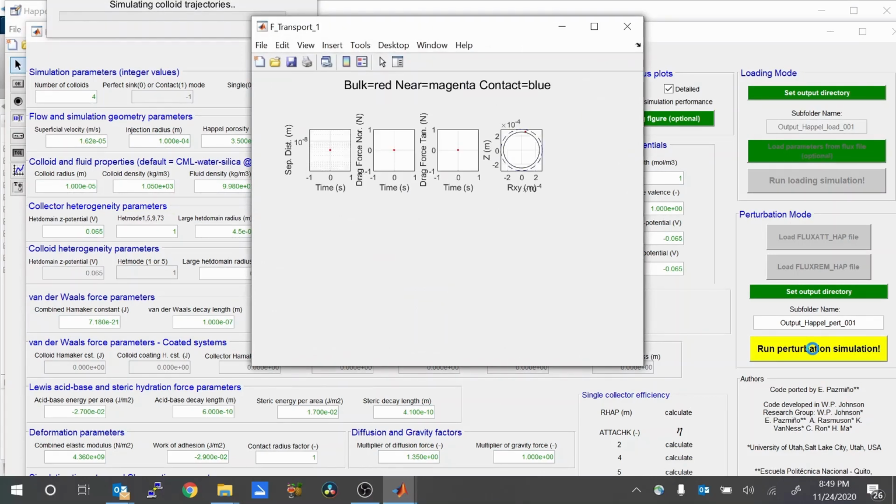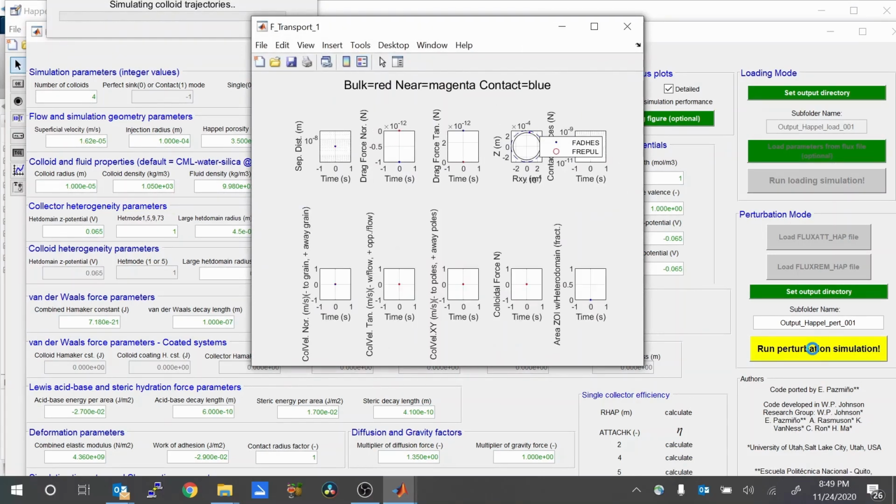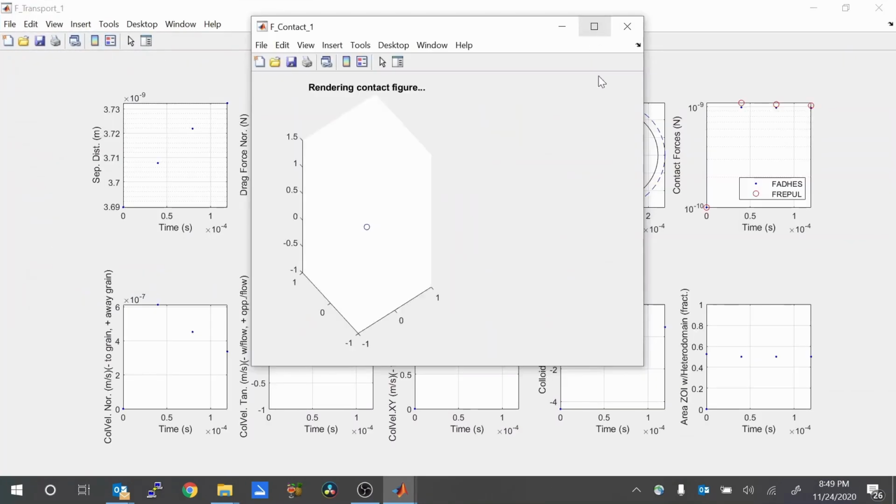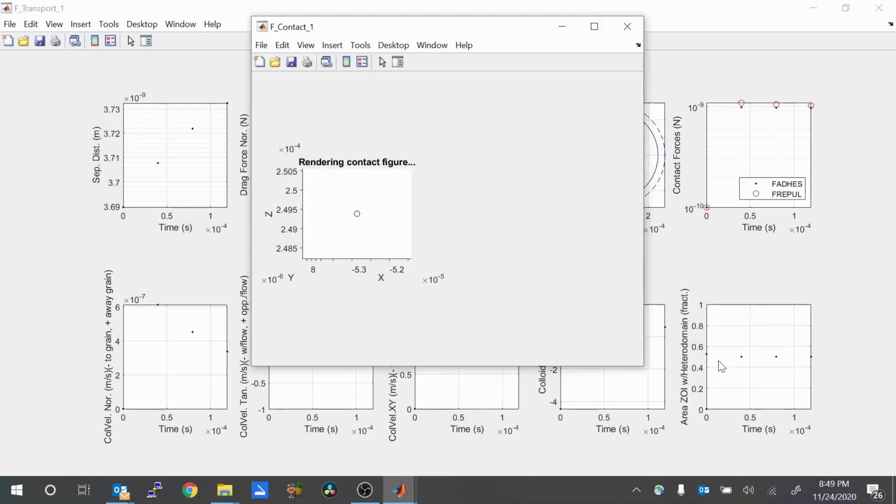And so this could take a while, but the point is that the colloid initially, this one attached with about a little more than 50% of the zone of interaction occupied by header domain. The reduced ionic strength did not detach this colloid, it reattached.